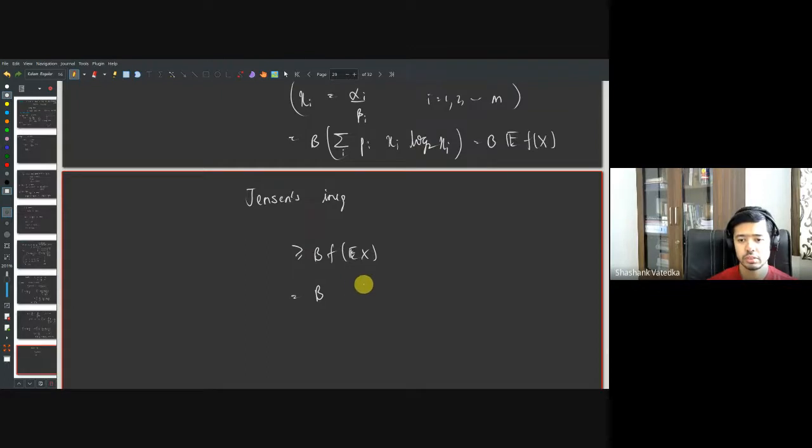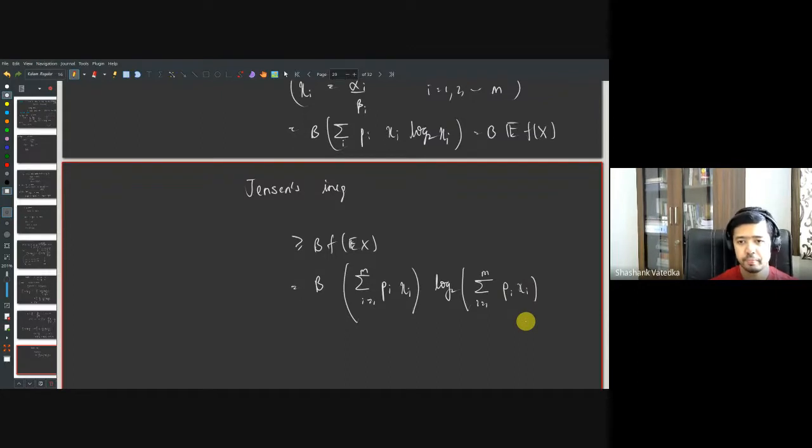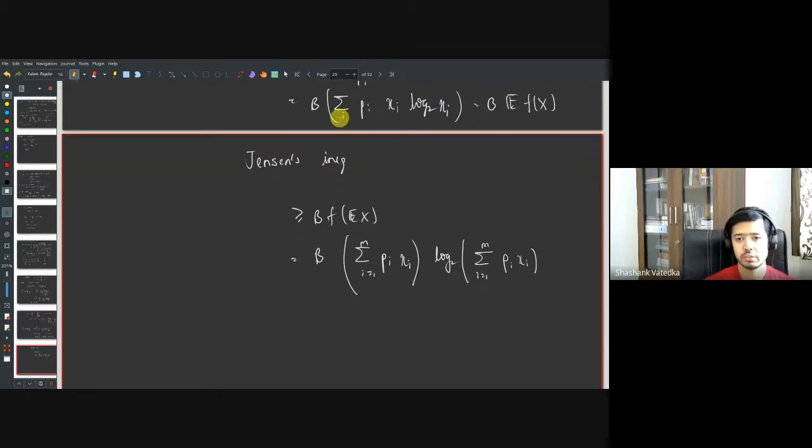So this is summation over i equal to 1 to m of pi xi log of summation i equal to 1 to m of pi xi. Correct? So I had summation over i of pi xi log xi.